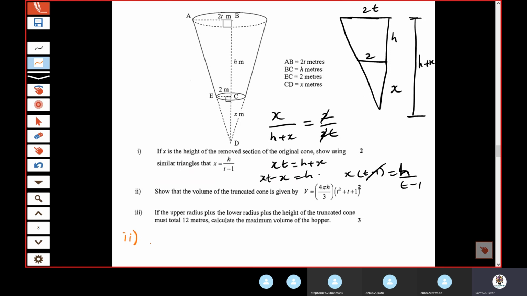Show the volume of the truncated cone is given by this. How are we going to find the volume? Okay. Yep, that's the only way. Volume equals, what's the volume of a cone? We just did it.